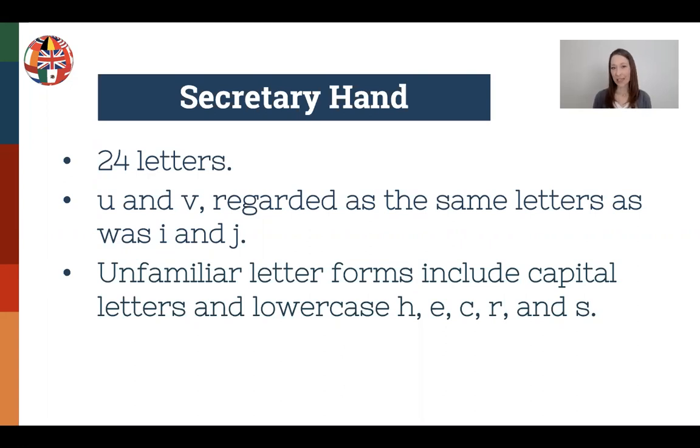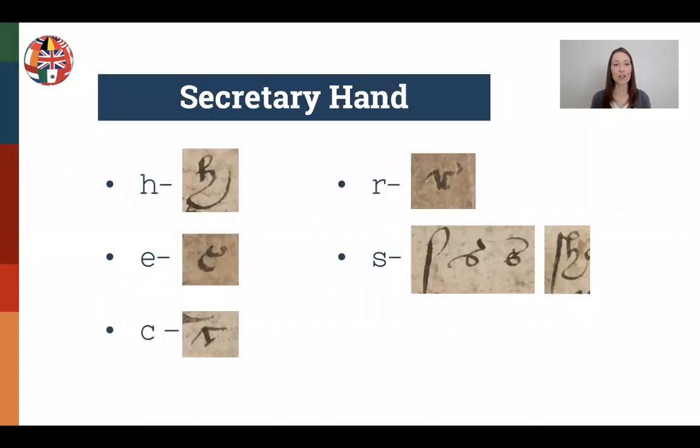But the lowercase letters that are really tricky are H, E, C, R, and S. So I just wanted to go over the really hard ones, and maybe that'll help you get a little familiar. The H is really unique because it has both an ascender and a descender. So it goes up and it also goes down with a big flourish. And when you put that with other letters, it makes it kind of hard to read.